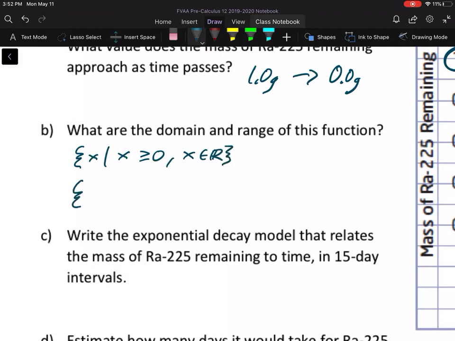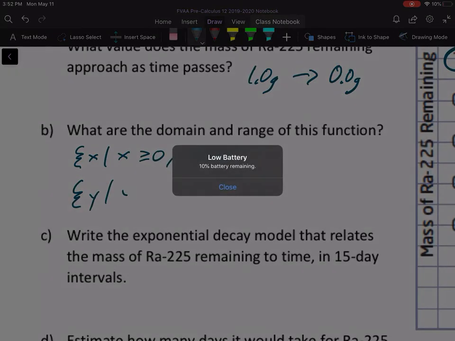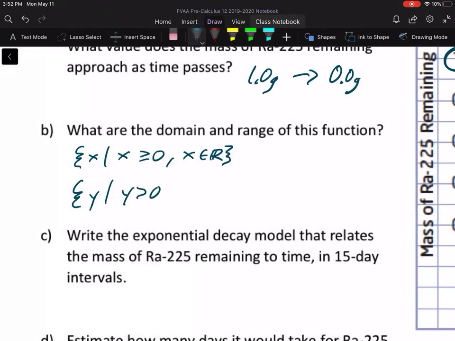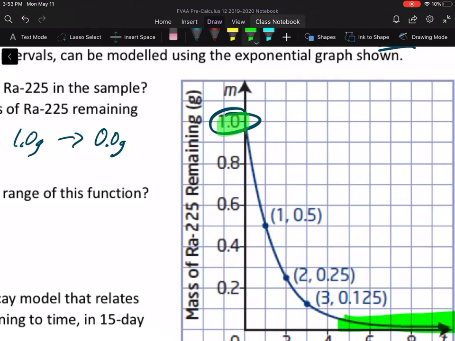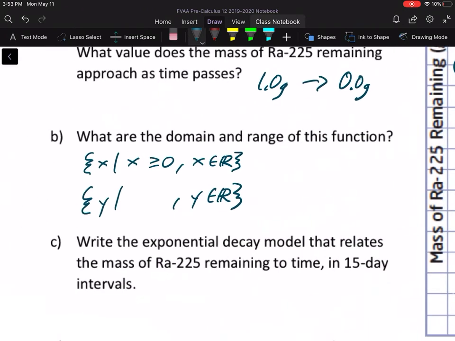And then for the range, y is greater than 0, and it is all real numbers as well. Oh, wait, I did the y wrong. Y also has a maximum of 1. So let me put that on there: 0 is less than y, which is less than or equal to 1.